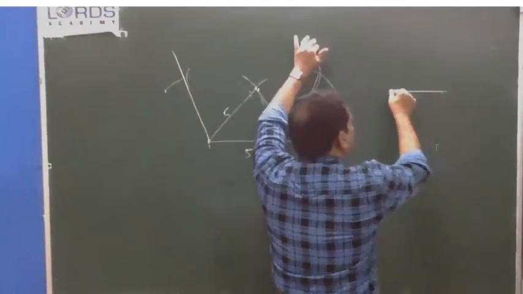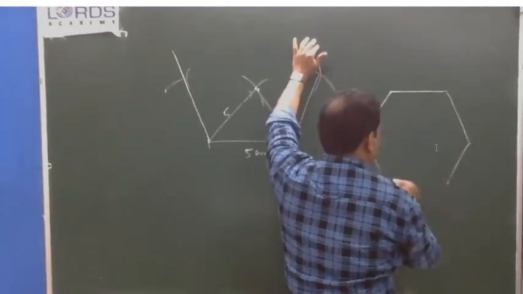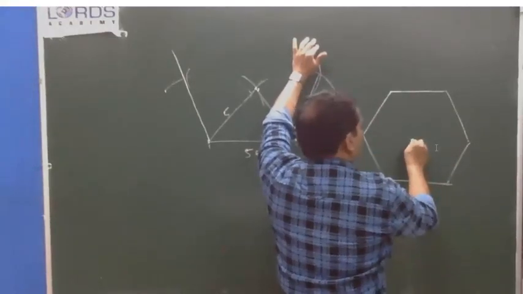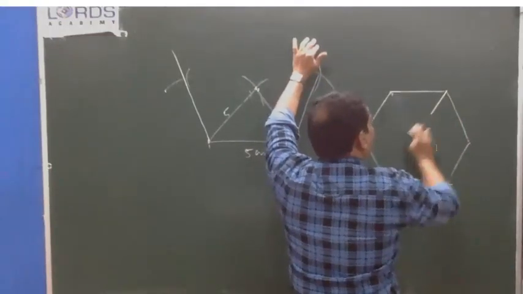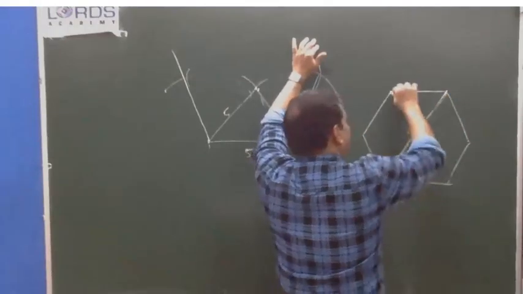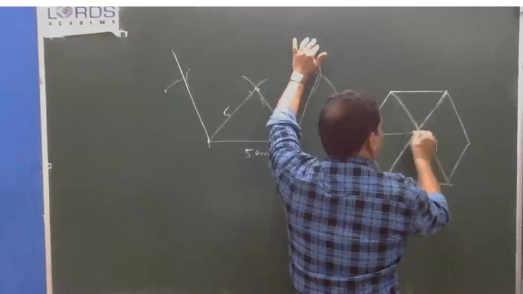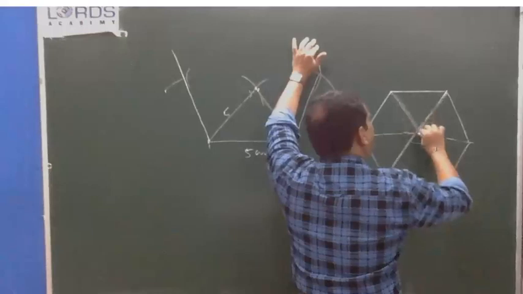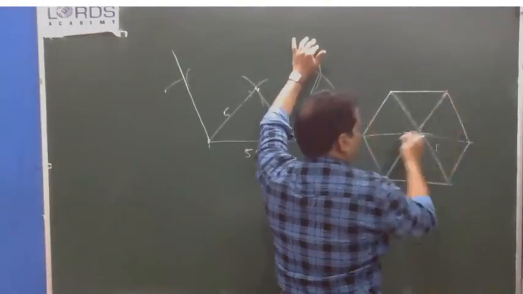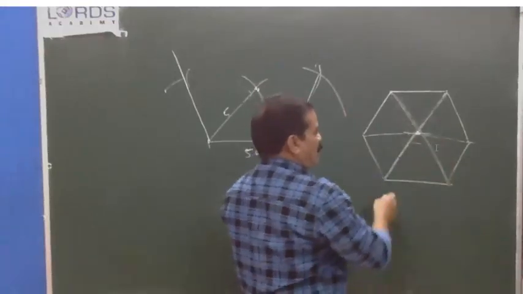What is the reason for that? When you take a regular hexagon here, this is a center, when you draw the diagonals, all these triangles will be equilateral triangles.